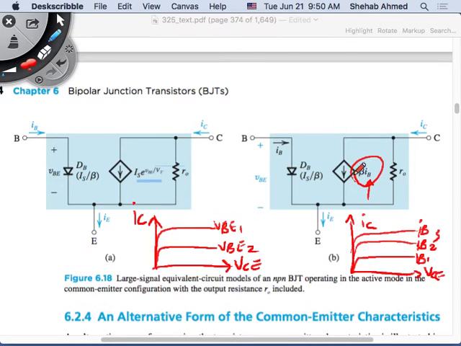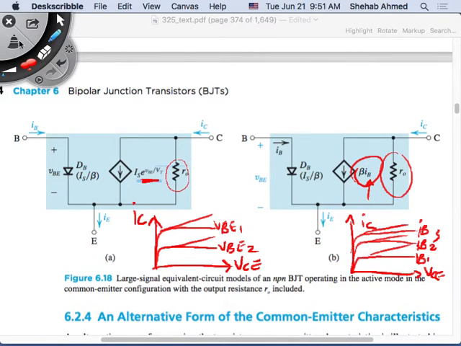This is what this means. It means that IC will be controlled by VBE, regardless of VCE, right? But regardless of VCE is not true because now I have a resistor here, right? If I don't have the resistor, it's regardless of VCE. And here what this means is IC is controlled by IB, regardless of VCE. But when I put this resistor, it's not the case anymore. This resistor will affect, and it will add these slopes that we talked about.